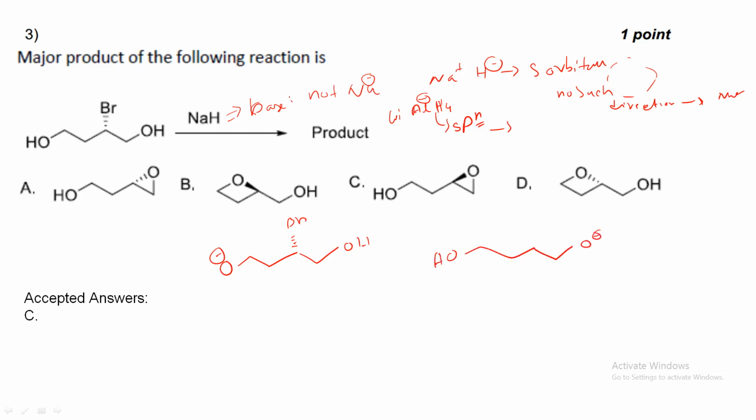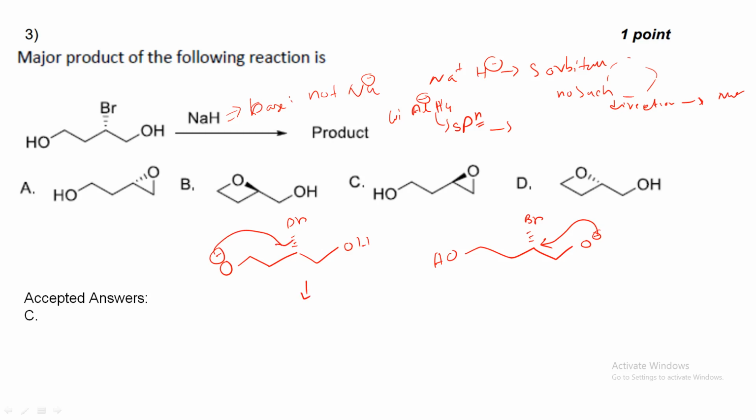As soon as this proton abstraction happens, this particular carbon is very much electrophilic in nature, and SN2 type attack would happen, and it would form the corresponding cyclic ethers.